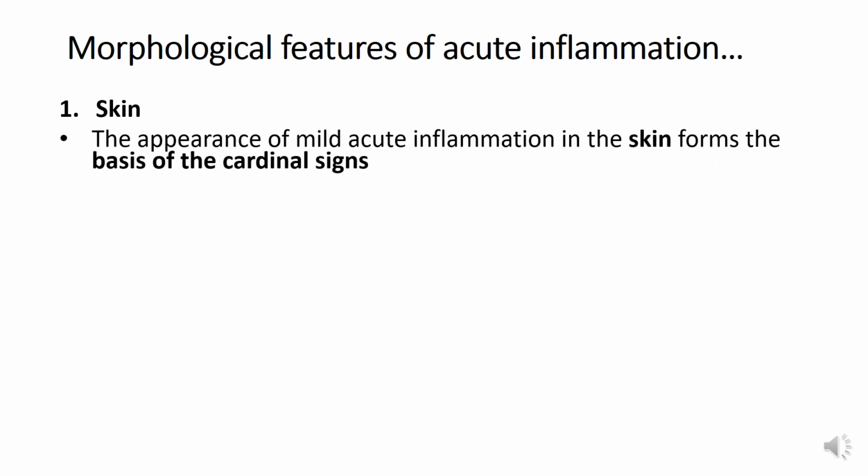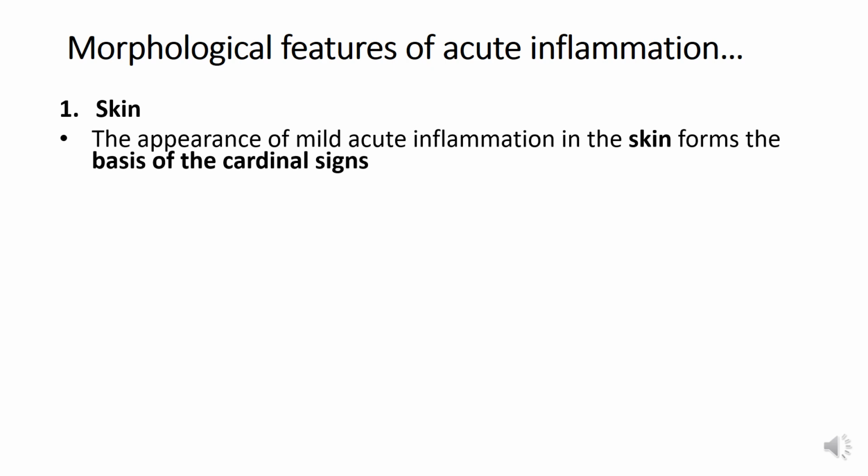Number one, we look at the skin, and we are saying that the skin is the most superficial, most visible tissue or organ that we can see. Okay? And so whatever we see during mild inflammation of the skin forms the basis for the cardinal signs of inflammation. That means whatever you see on the skin is the same thing that is happening or appears on any other organ or tissue inside the body that we cannot see.